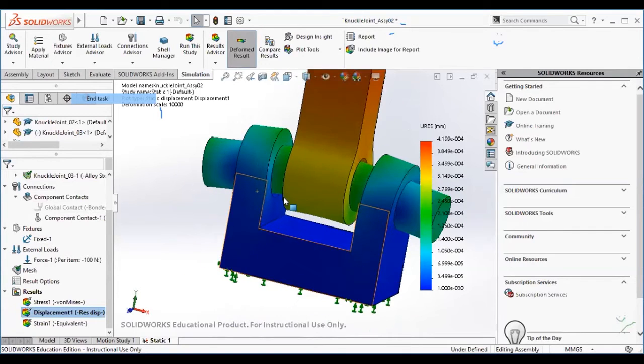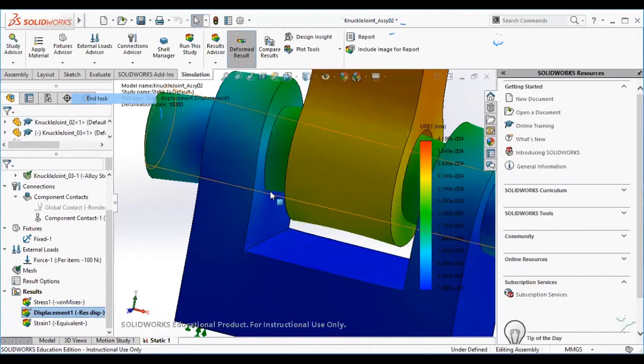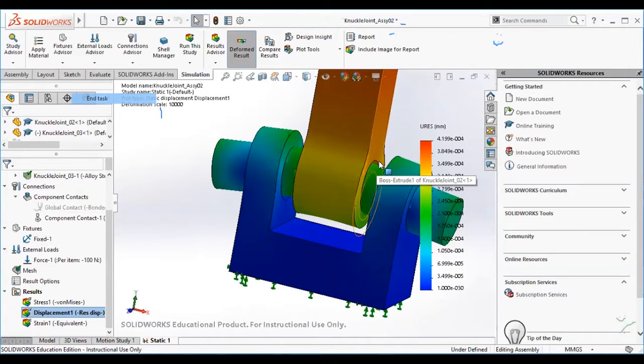If you look at this, the deformation happened with gaps being produced at the surfaces. You will not get this behavior if you have used global contact, which is bonded. If you have used bonded contact, these surfaces will never leave the contact. But here with the no penetration contact, it allows the surfaces to get separated.